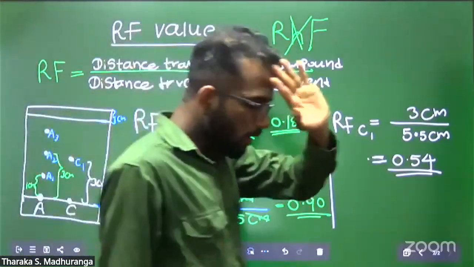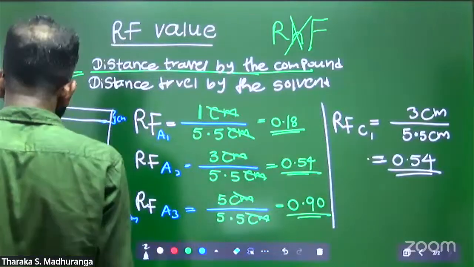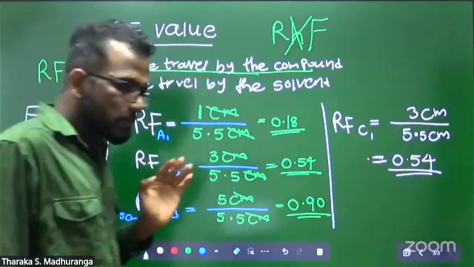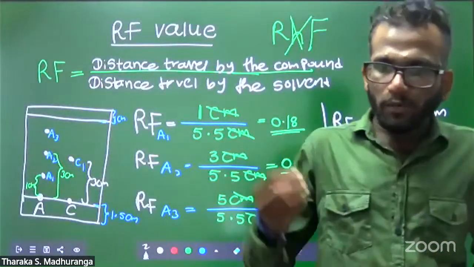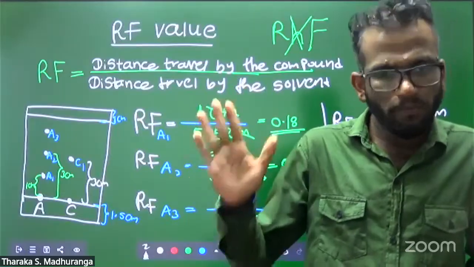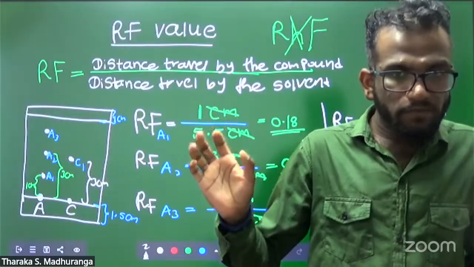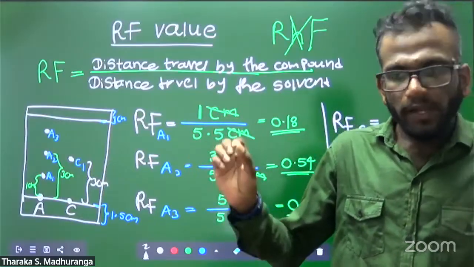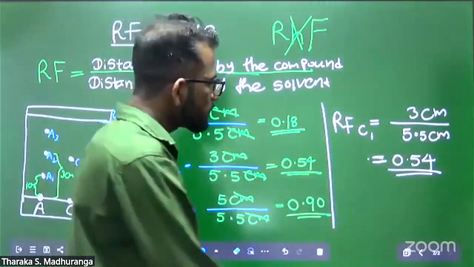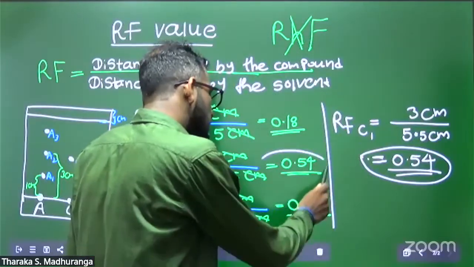Now understand, according to the RF values of each compound and the control sample, we can say, think the purified control sample is cinnamaldehyde or vasicine, whatever purified compound. If the sample is cinnamaldehyde, this cinnamaldehyde RF value and this A2 RF value is the same.